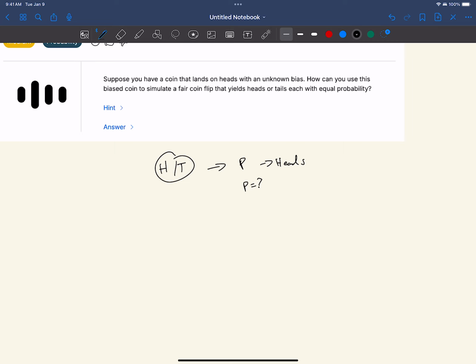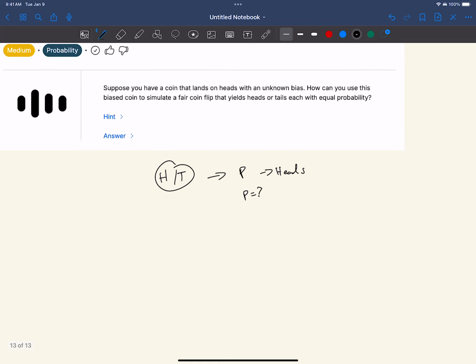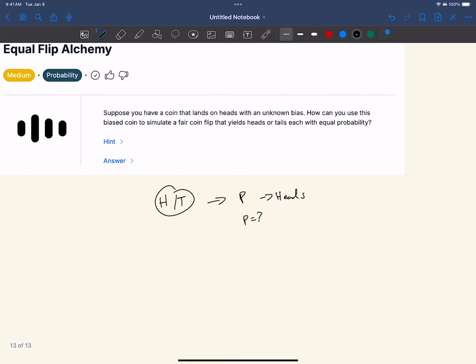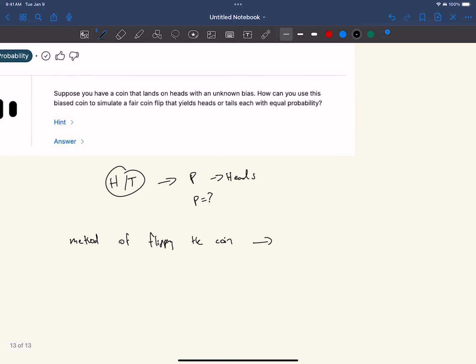So if you're working on this problem, the first thing you should realize is we're only given one coin, and the only thing you really do with the coin is flip it. So somehow we have to go from some method of flipping the coin to get some type of 50-50 process.